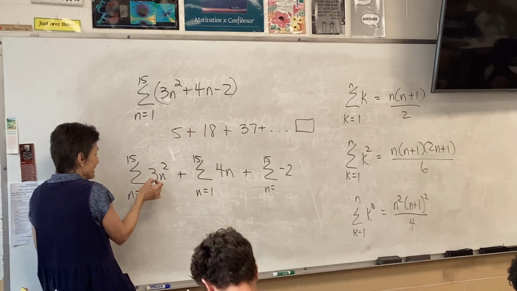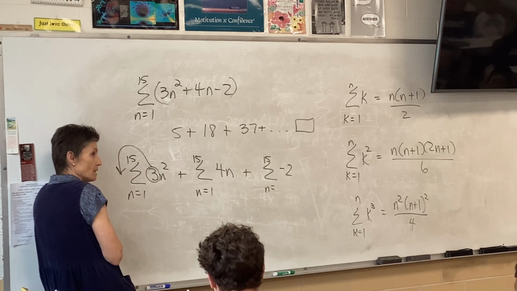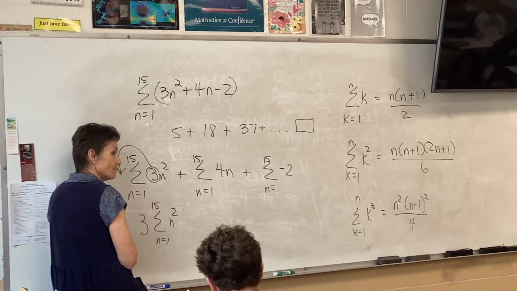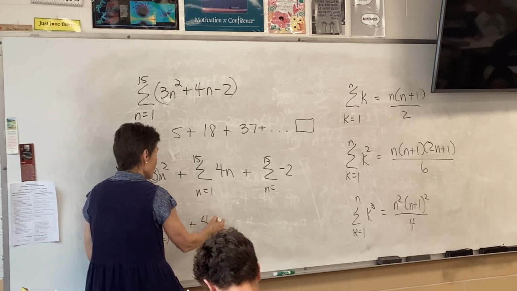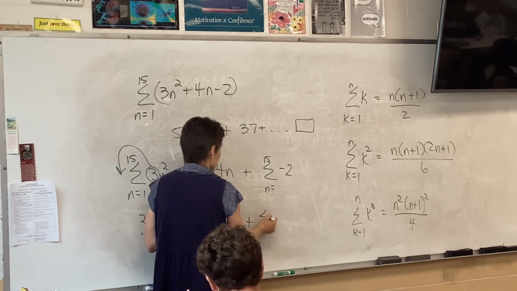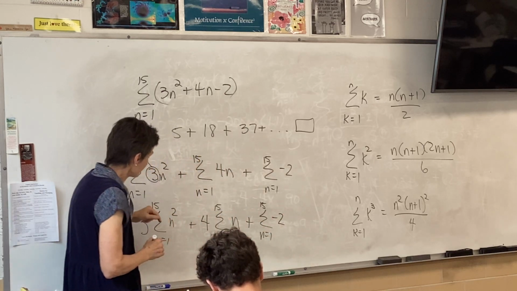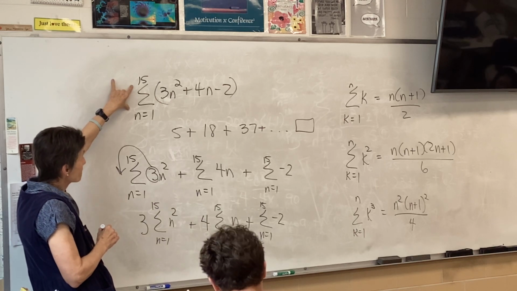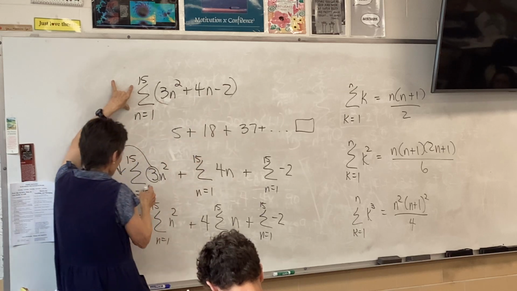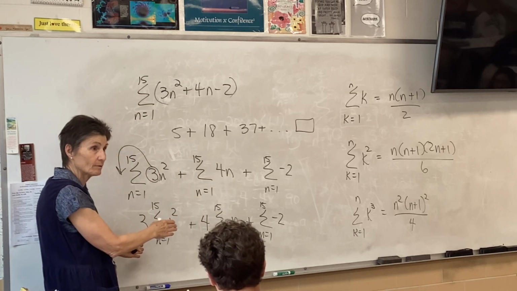Furthermore, this is a multiplier, and it can come out in front of the sigma. So 3 times the sum of n squared plus 4 times the sum of n, and then this one's just what it is. So I took this big sigma and broke it down first into each term, and then I pulled the coefficients out in front if there were any, and now this is what I'm left with.